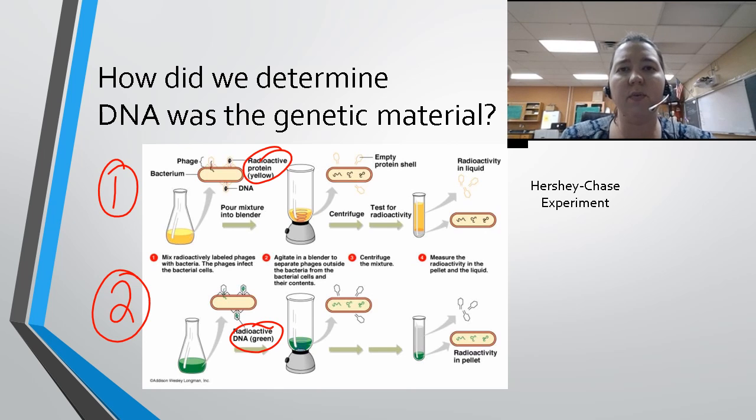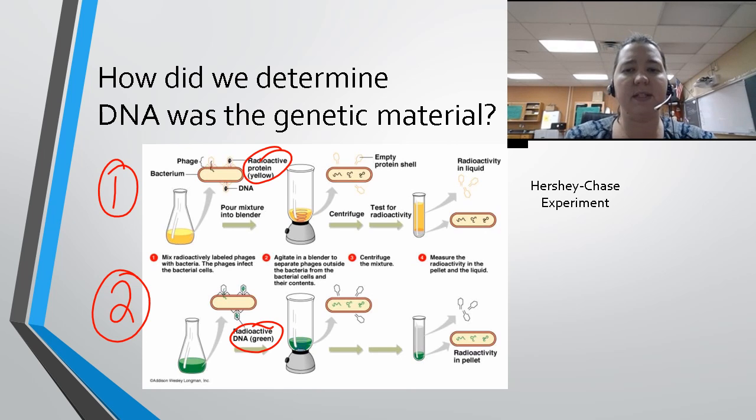Radioactive. So if you remember way back when, okay, radioactivity is basically a physical condition. The biggest thing is that we can trace it. Okay, if you've had an MRI, all right, that's radioactivity that we can actually trace. We can basically just measure it, and so it's really helpful. So in one experiment, in the top here, they made the protein radioactive to see what happened, and in the bottom here, they made the DNA radioactive to see what happened.